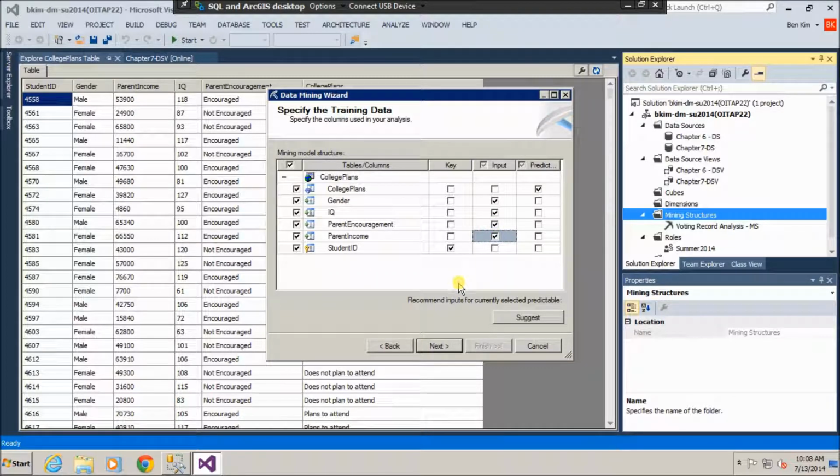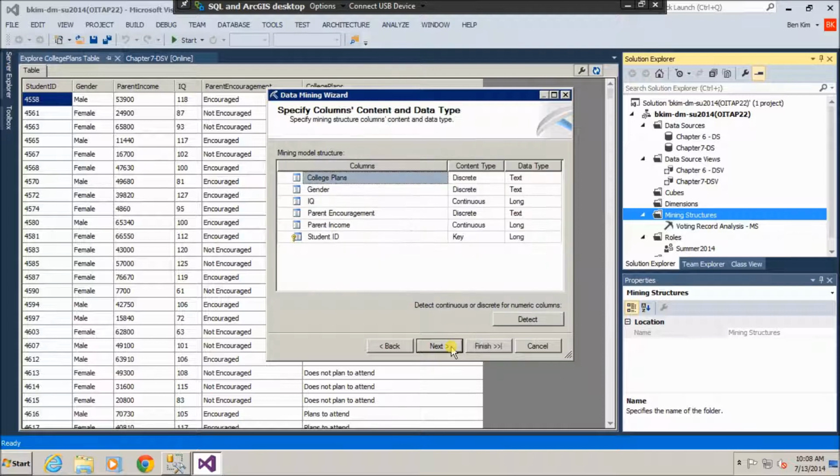So looks cool. Make sure we have the right kinds of data types. So text, IQ is integer, so long, text, long, and long. So sounds about right.